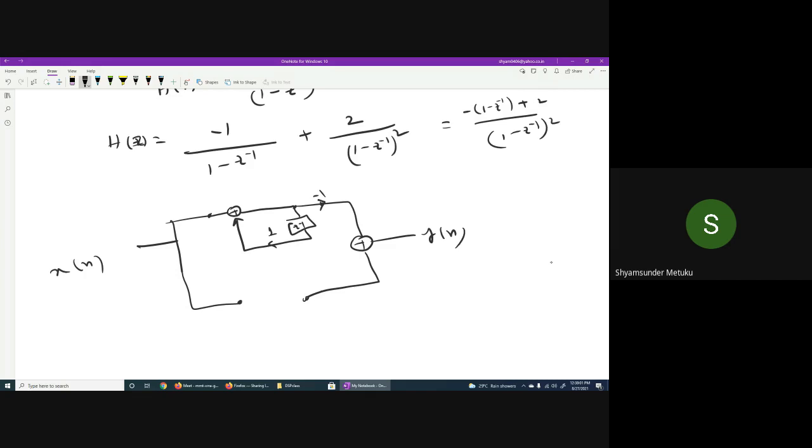How can we do it? You have to split now. 2 by 1 minus 2 z inverse, z power minus 2. Does it come like that? Yes, sir. But we want it to come simply. You can do it like this. Here also a combination, something like this.